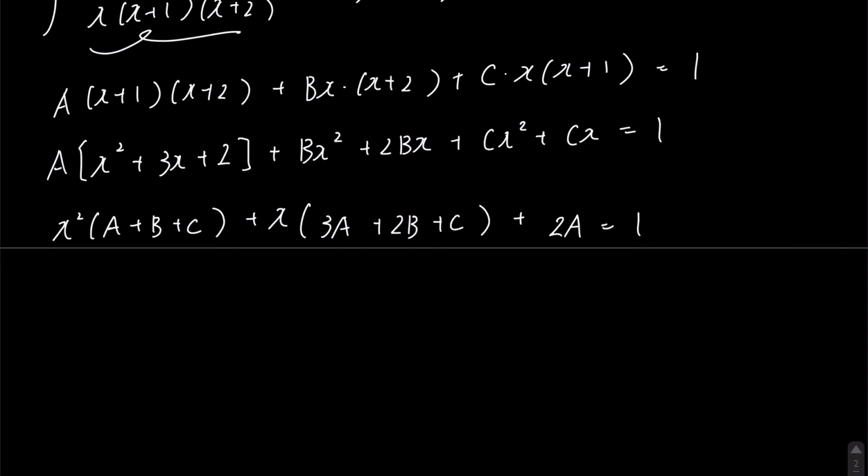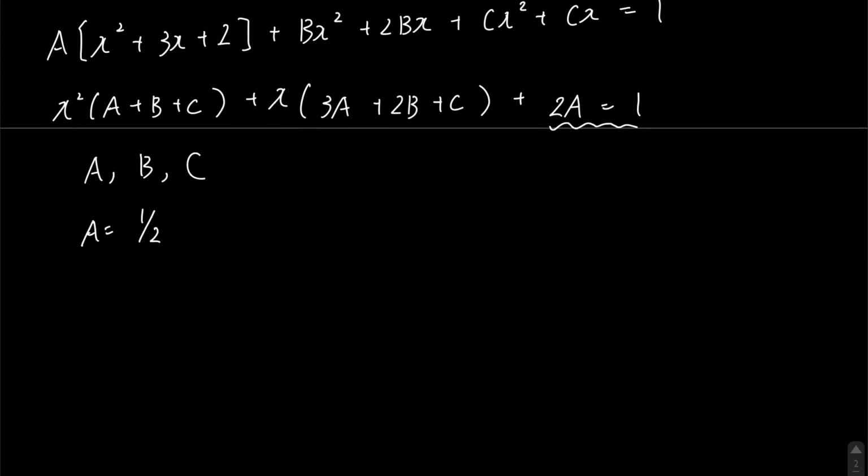So let's solve for a, b and c. We can find a, right? If we put x as 0, you can solve for a. So a is 1/2.